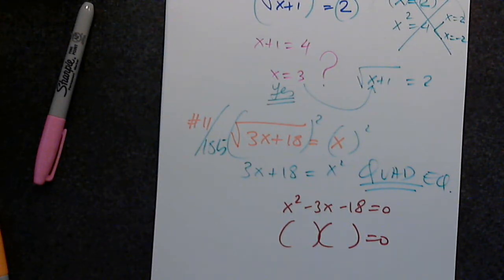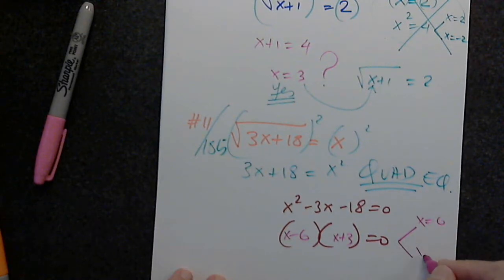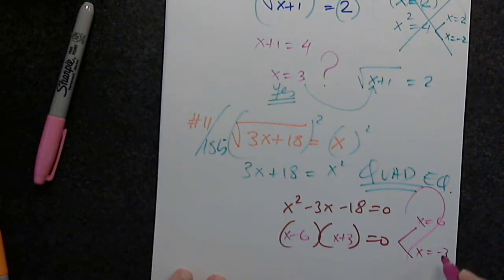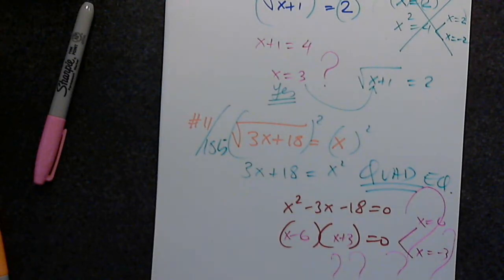Perfect. Positive 3 and a negative 6. So x minus 6 and x plus 3, positive 6 and negative 3, and they come with a huge, huge question mark. I have no clue.